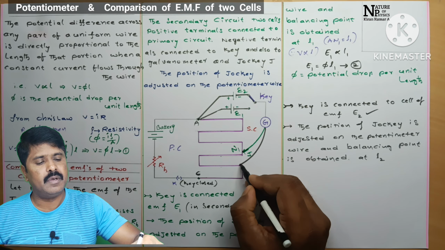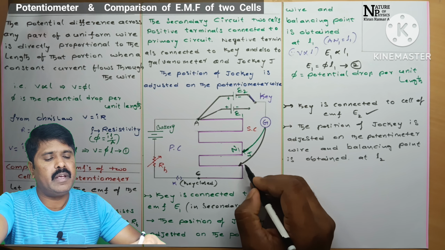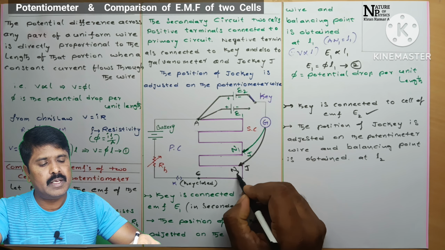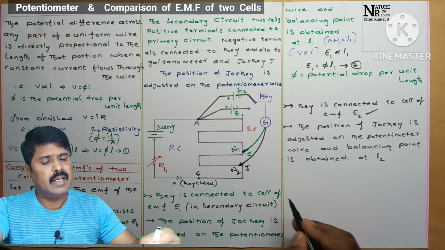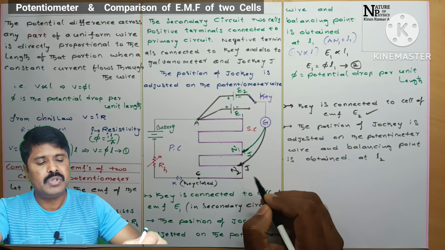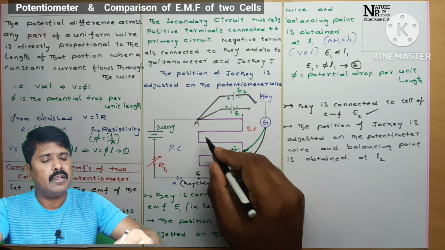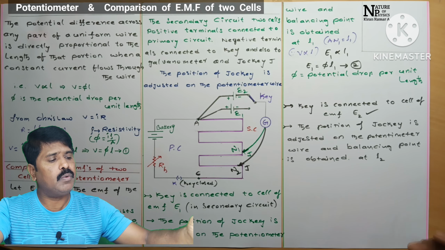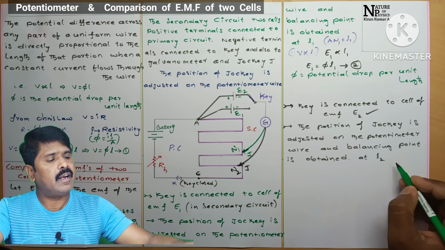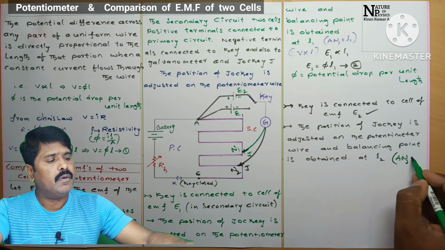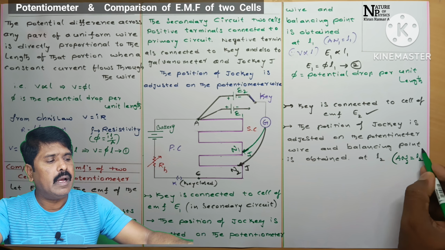Now I can represent this is the jockey, and the null point position is N2. From the position A to this null point position N2, that balancing length is taken as L2. I can write here clearly, AN2 is equal to L2.